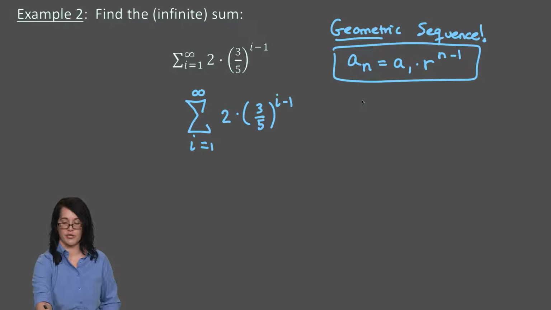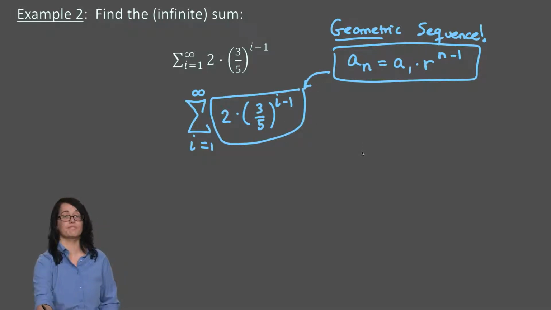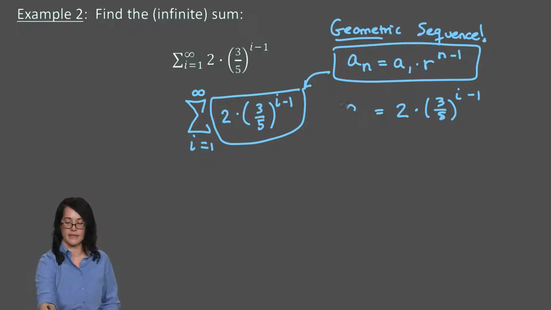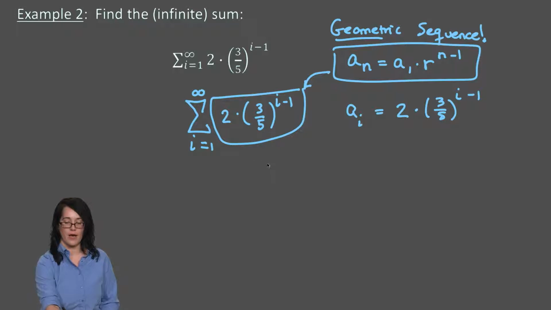Here we have a situation where our nth term is right here, right after the sigma, and it's standing for 2 copies of 3/5. In this case, they used i minus 1, so this is like your ith term, and then they're telling you where to start and where to stop. Start when i is 1, stop when i is infinity. Okay, so this is the sum of an infinite geometric sequence.